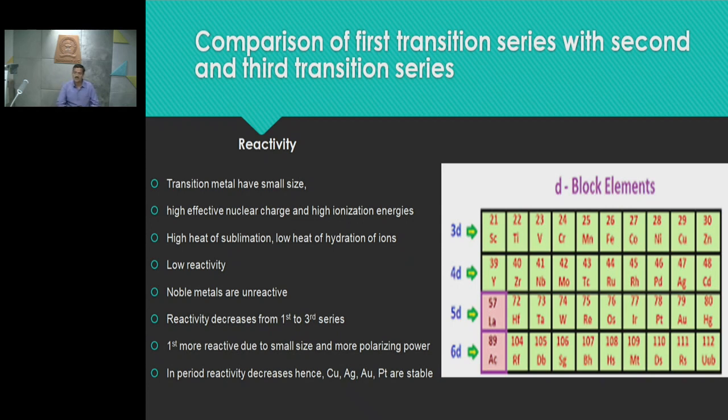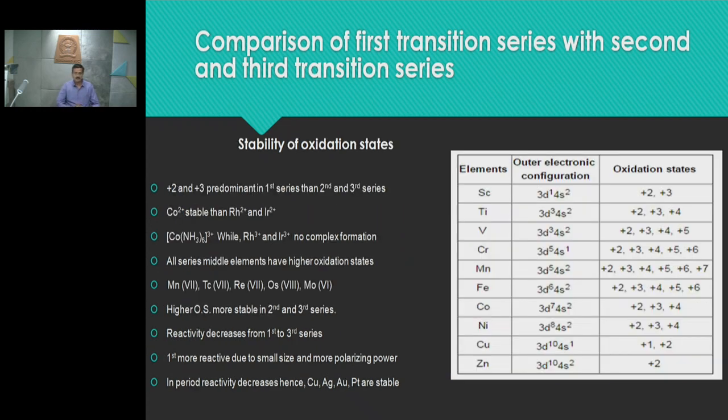So 3d transition elements are more reactive and therefore maximum elements found in nature are 3d, meaning abundant in nature. Along the period, reactivity decreases from copper, silver, gold, hence copper, silver, gold and platinum are more stable than other elements.